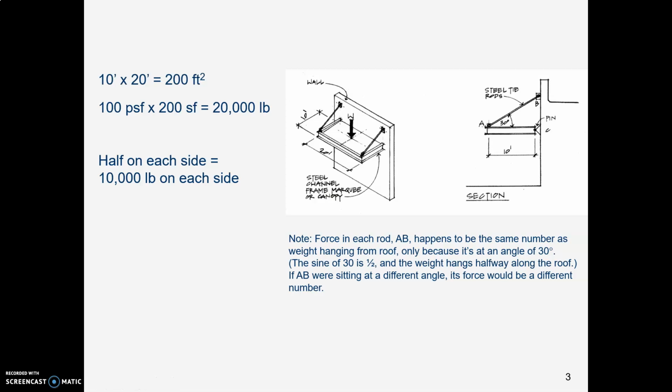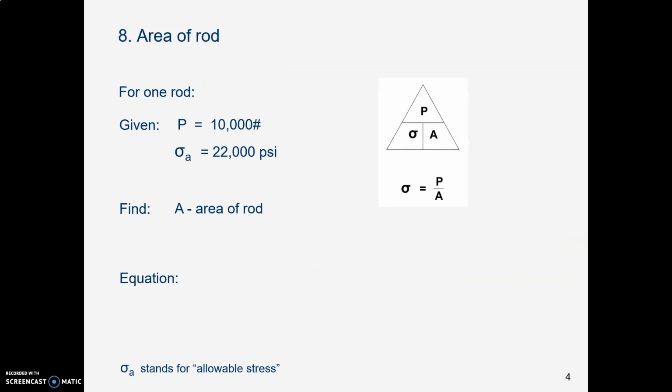If you're interested in why that happened, how do we know it's 10,000 pounds pulling on each rod, in a separate PowerPoint presentation, I think it's number 2C, I go through in some scribbly notes how you could figure that out using trig. If you don't really want to do that, that's fine. We'll just carry on. Let me just tell you that there's 10,000 pounds of force in each one of those rods. That's all we need to know.